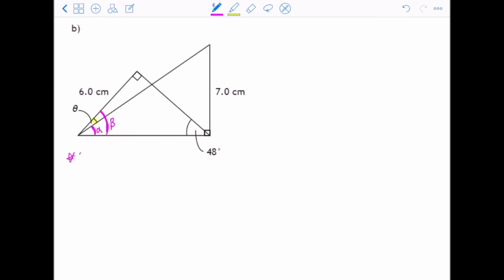Then our angle theta is the bigger angle minus the little angle alpha. Make sure to double check what angle it's referring to. We're looking at that tiny angle there. It should be pretty small.